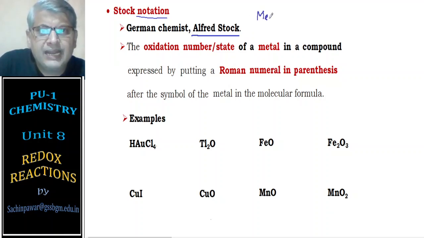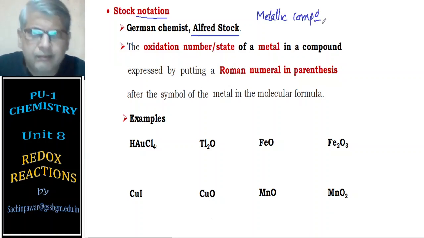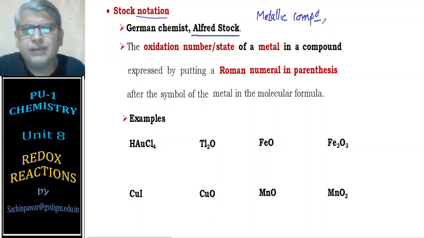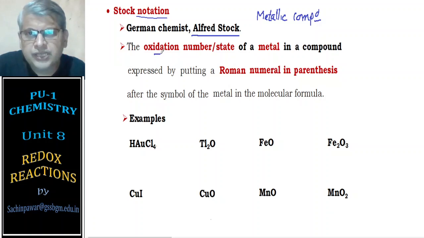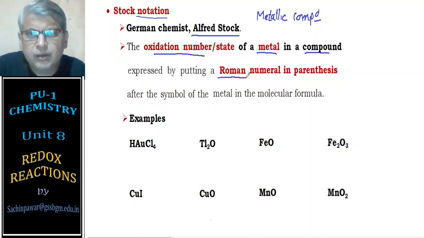For metallic compounds we can give these notations. Alfred Stock gave a simple idea, a modification. What he said is, find out the oxidation number of the metal, and in the formula of that compound, simply write that oxidation number in Roman numerals in parentheses.